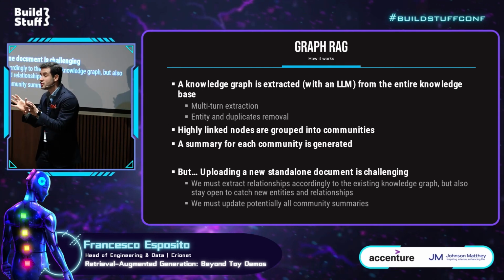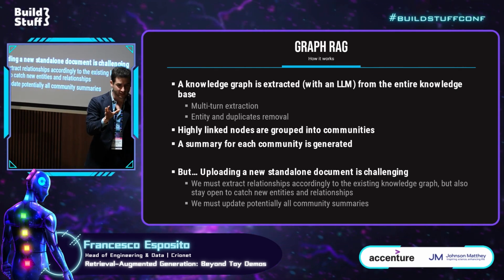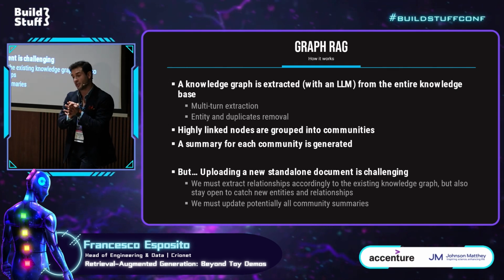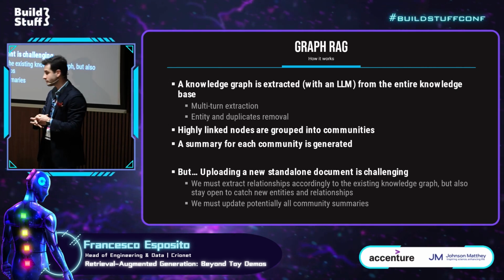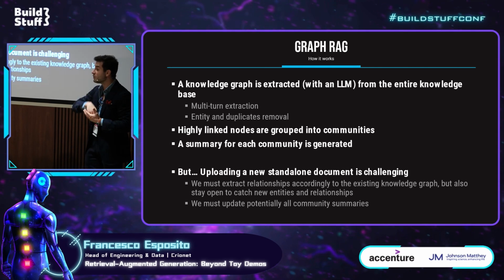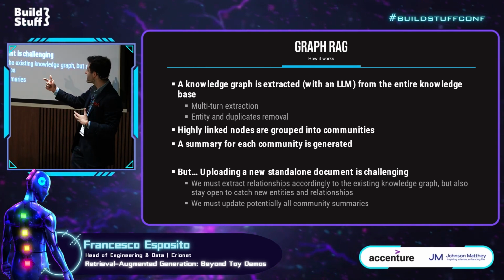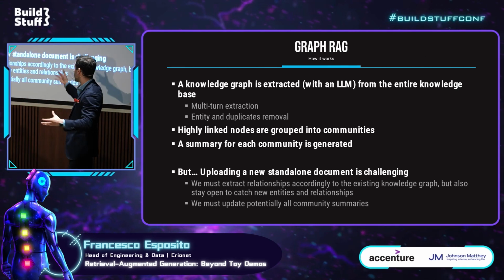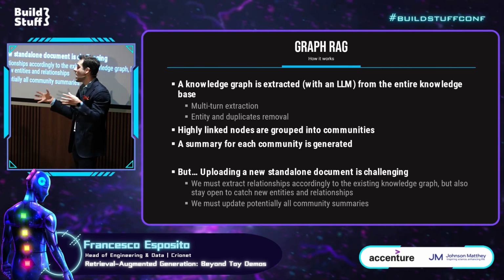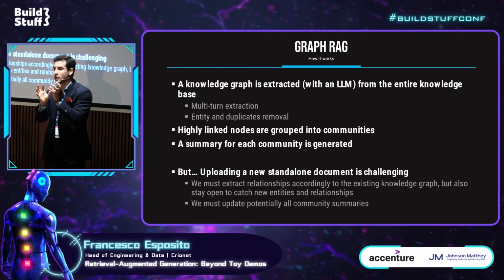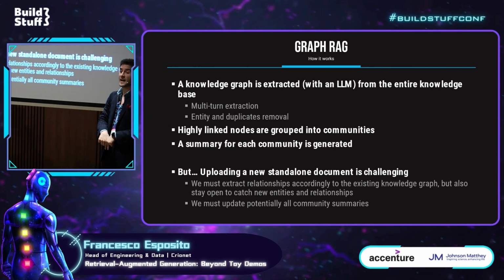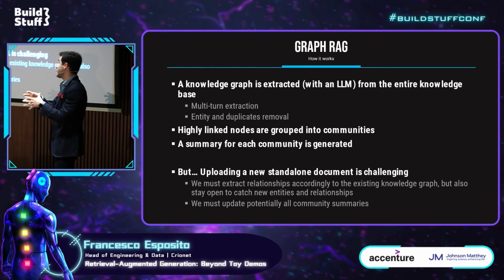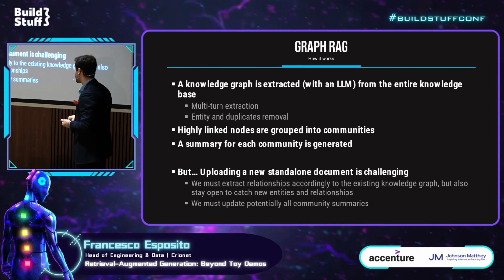Then once the basic knowledge graph is built, we have to group together similar nodes. And using the edges between nodes, we have to build a summary for each community. So we group together highly linked nodes, we build a community, and we write down with an LLM, so it's expensive, a summary for each community.